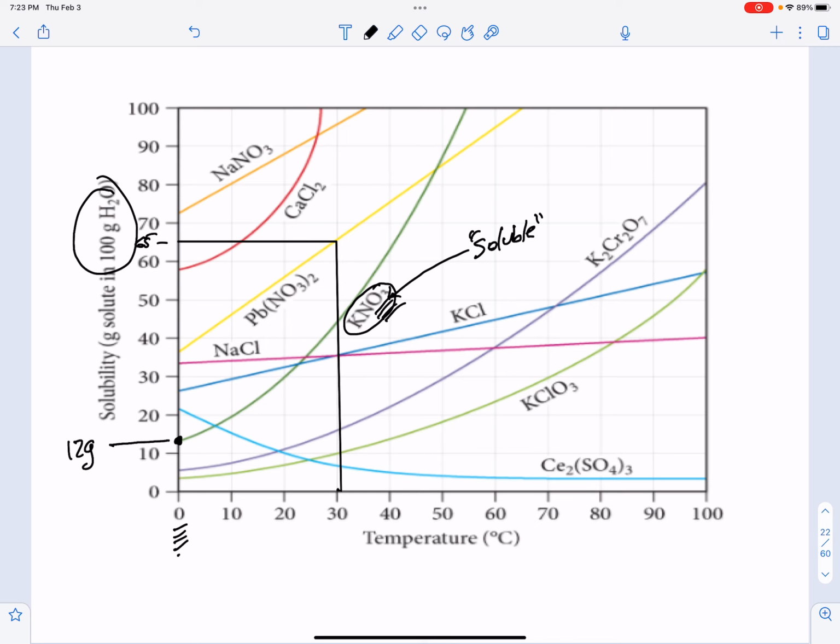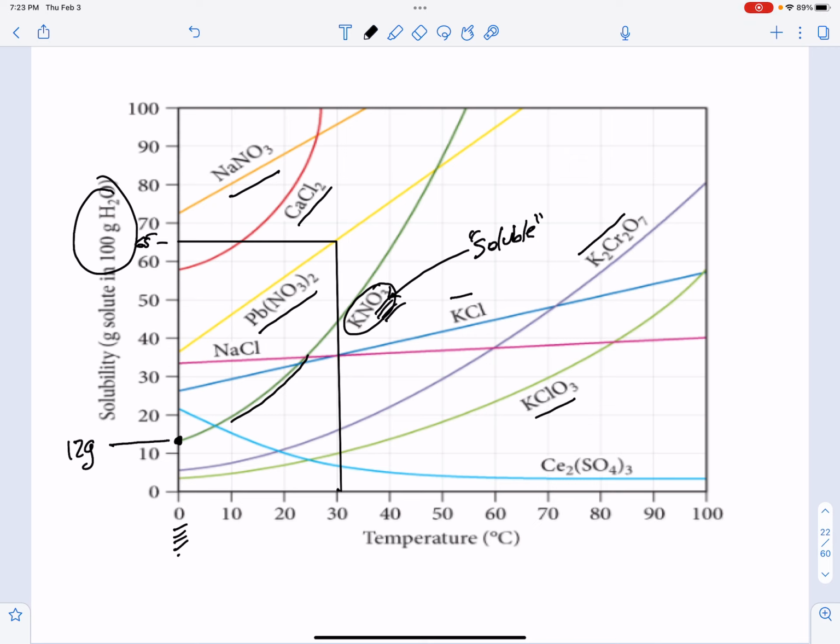And that's what you see with potassium nitrate, the graph is increasing. The same with lead nitrate, the same with calcium chloride, the same with sodium nitrate, the same with potassium chloride, the same with potassium dichromate, the same with potassium chromate.